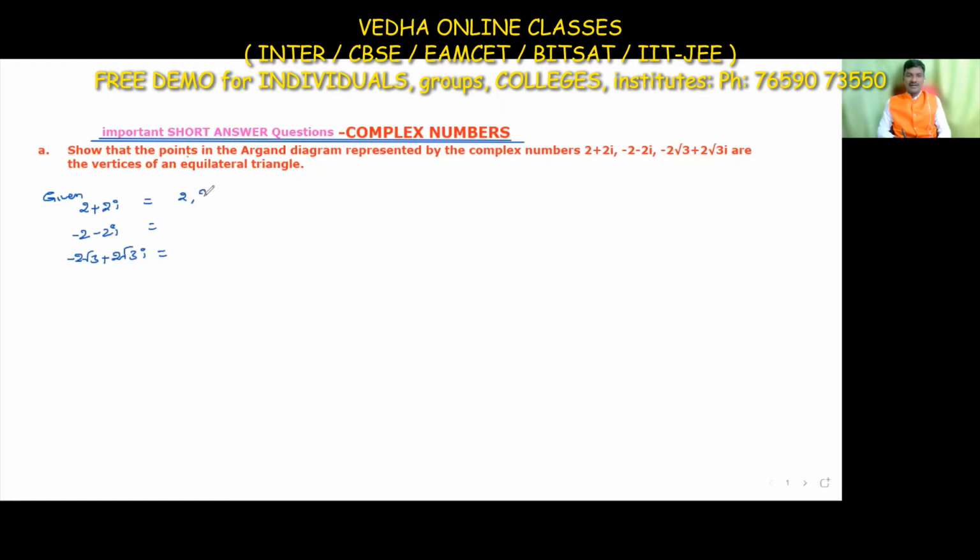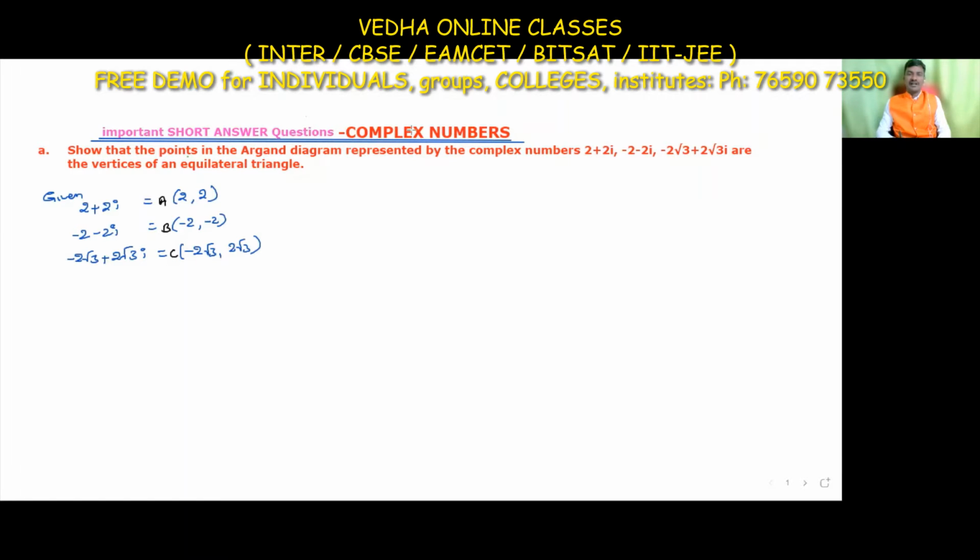In the Argand diagram we can write it as (2, 2), real part and imaginary part. The third is real term minus 2 root 3 and imaginary plus 2 root 3. So these are the 3 points. Consider these A, B, C as the vertices of a triangle.